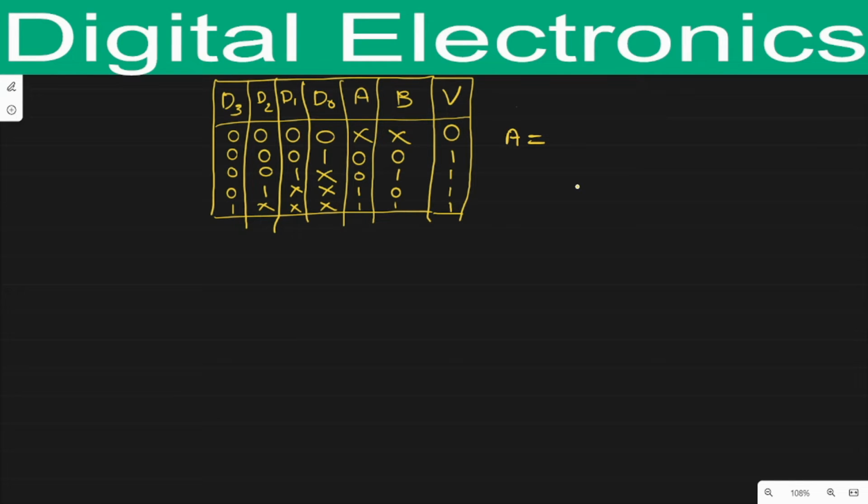To find the equation for A, we will check where there is a 1 in A's column. This one is 1 and this one is 1. It means that for 1, don't care, the output is 1. In the second case, for 1, don't care, the output will be 1.